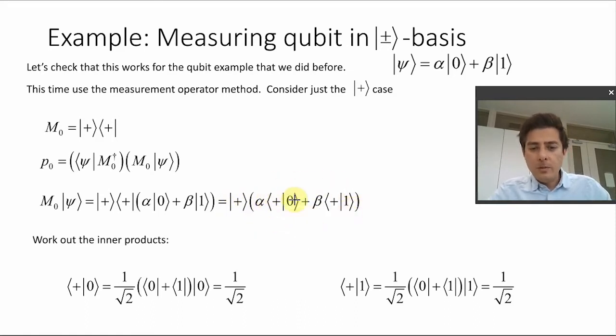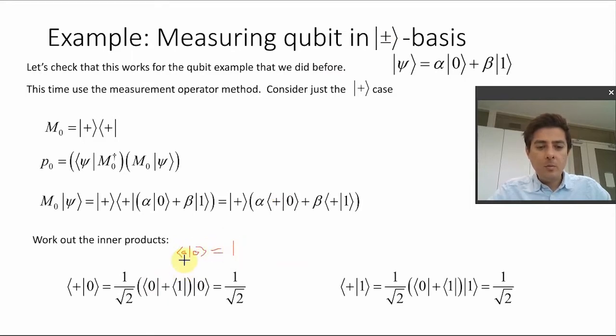So let's first work out what is the inner product of plus with 0. Just from the definition of plus, we put in the definition. Okay, and here's the conjugate vector 0 plus 1 in a product with 0. And as usual, this 0 inner product with itself is equal to 1.